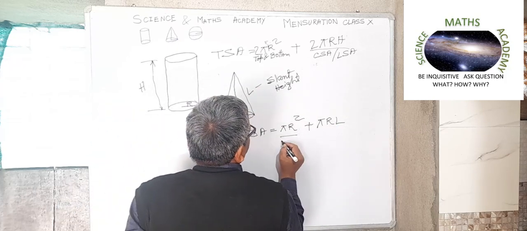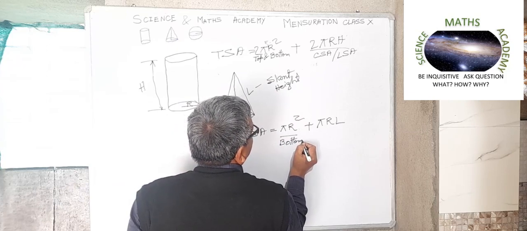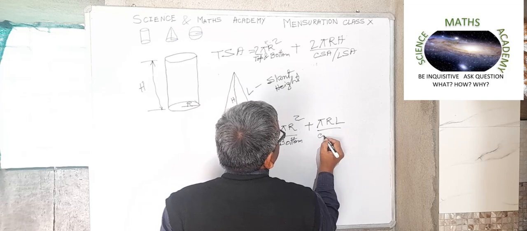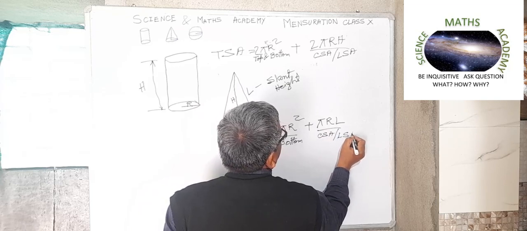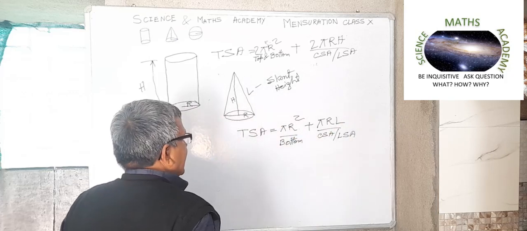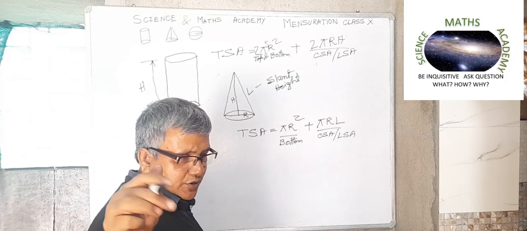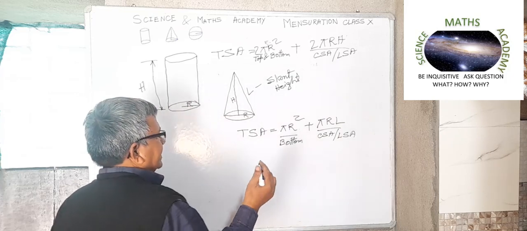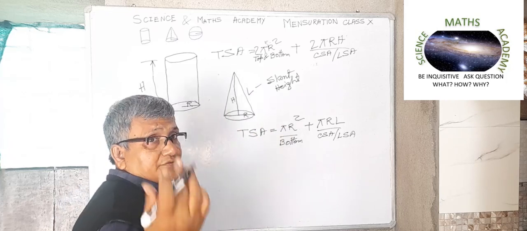So I call this the bottom. It is the curved surface area or lateral surface area. Finish. Now in the question I have given the data: radius is this, perpendicular height is this, find the total surface area.